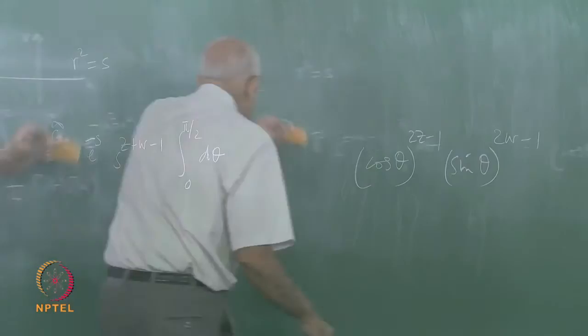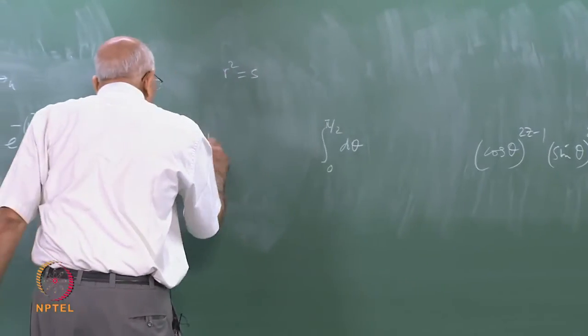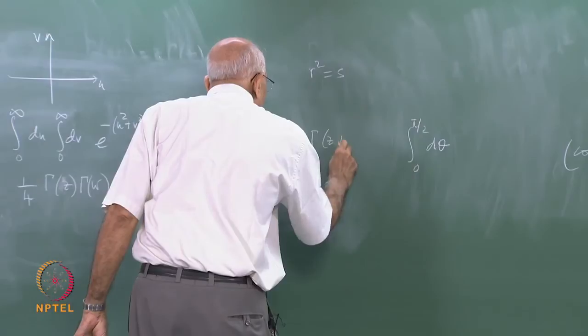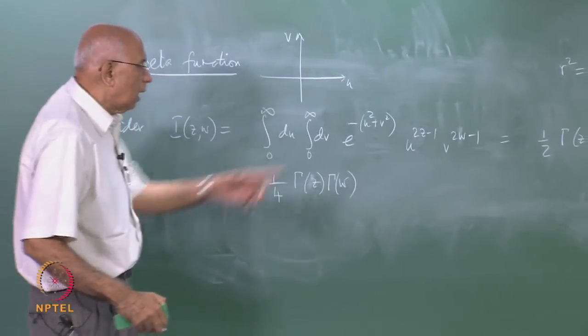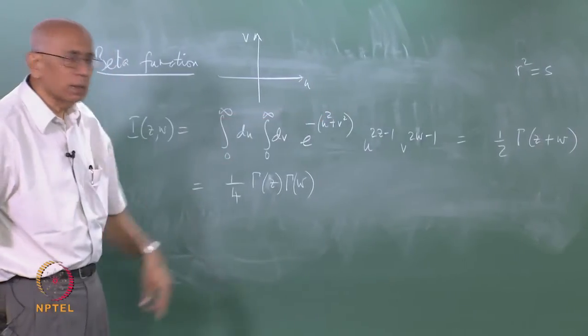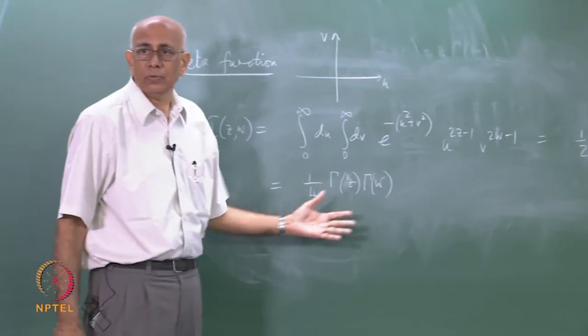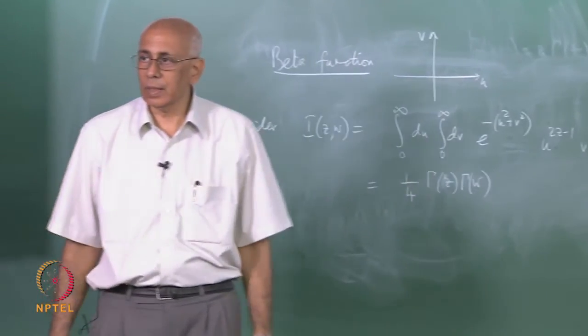So we have on this side half gamma of z plus w. So we have an identity which says half gamma of z plus w times that integral is equal to this integral, product of gamma functions on this side.